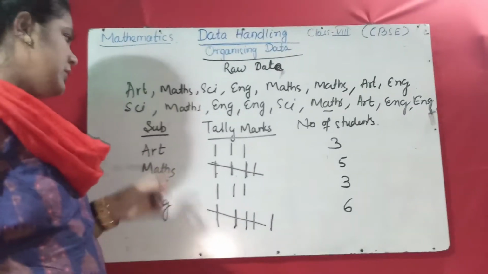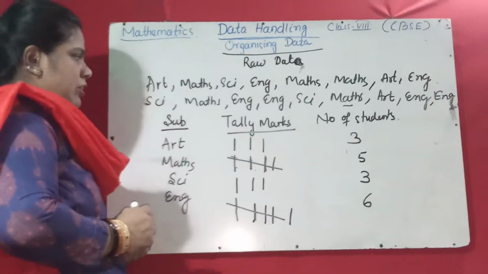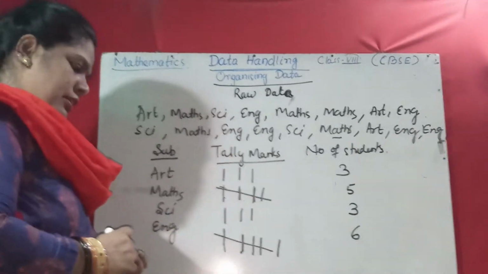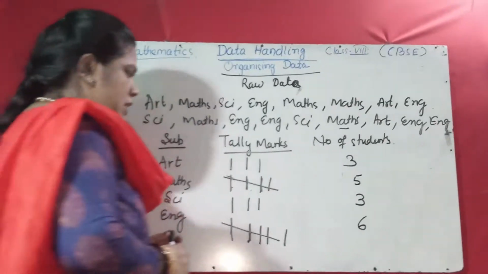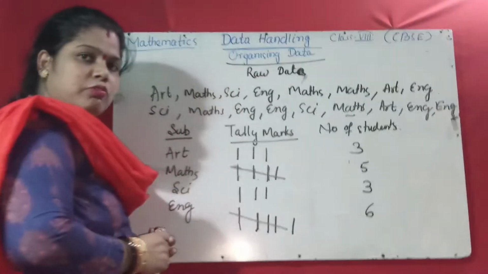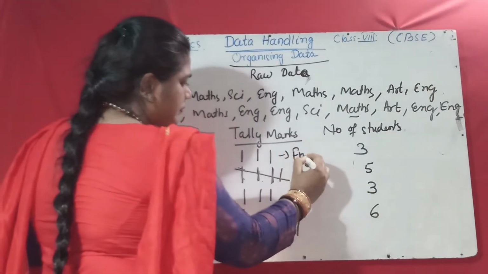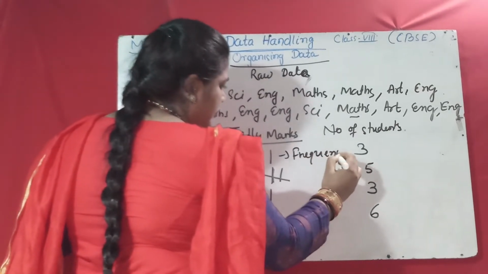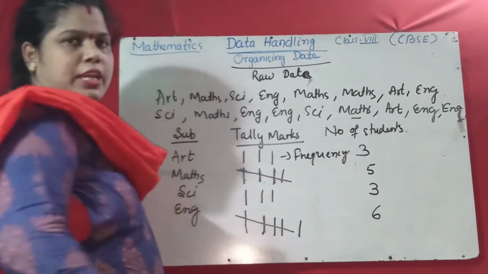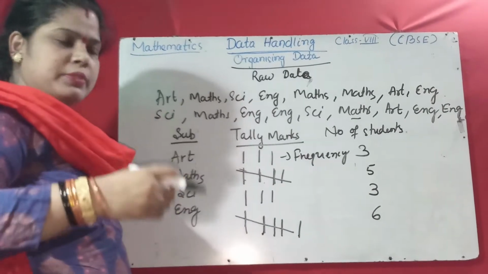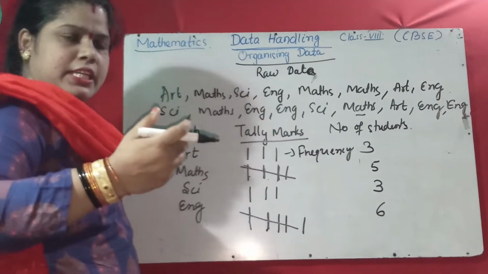Okay, so this is the tally marks, or ungrouped data, the frequency table. What is frequency? Frequency means number of times, that is, the number of times the subject is liked by the students.